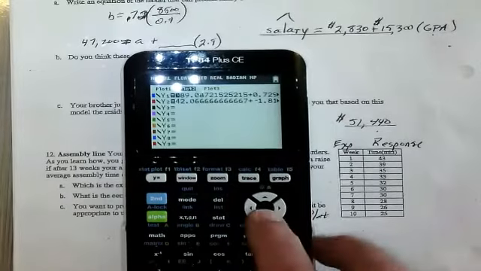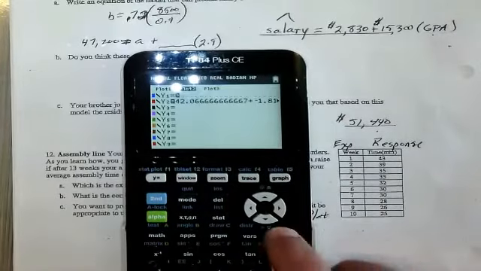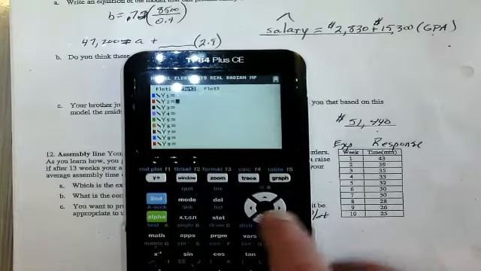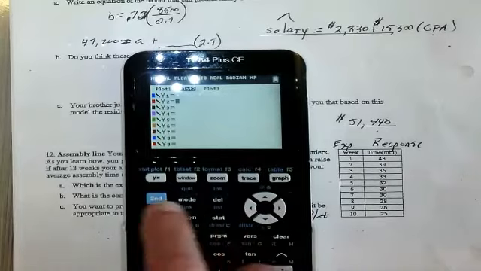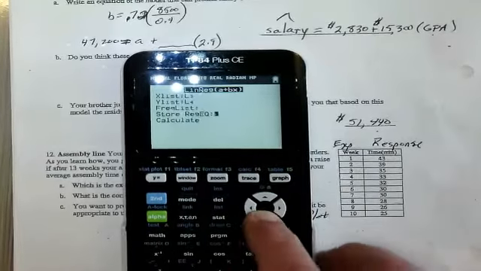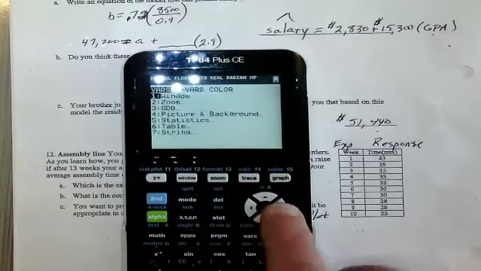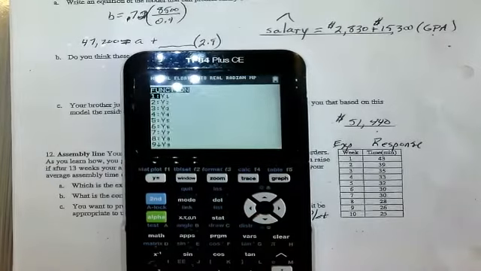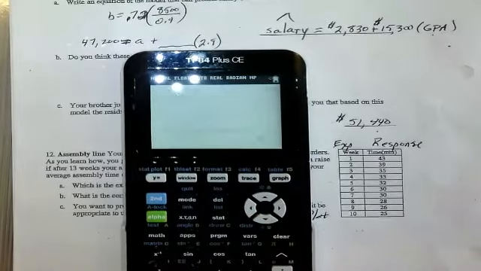Well, I need to go back to y equals. I'm going to clear that one and clear that one. Okay, so stat calc 8, L3 and L4, and I need to go vars, y vars, enter. I'm going to put it in 2 just for something different.